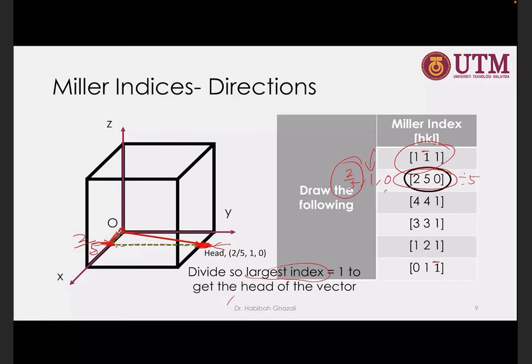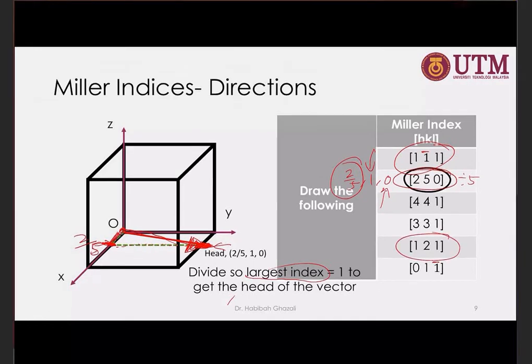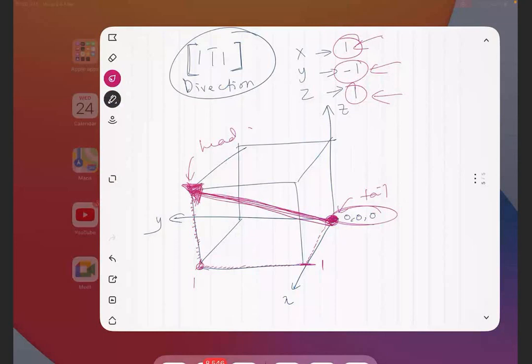And 0 for Z direction, so you don't have to go upwards. Stop at this position. So this is the direction, Miller index direction for 250 Miller index. So one more, let's try 1 2 1 bar. Okay, last one.